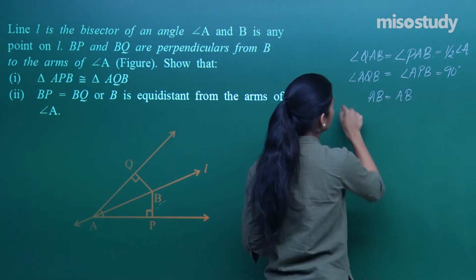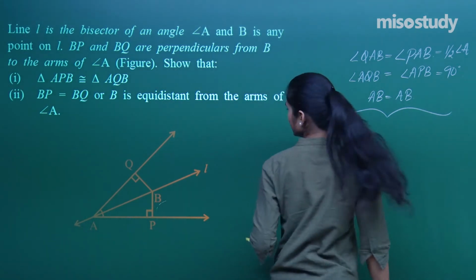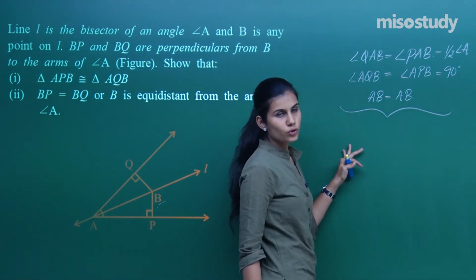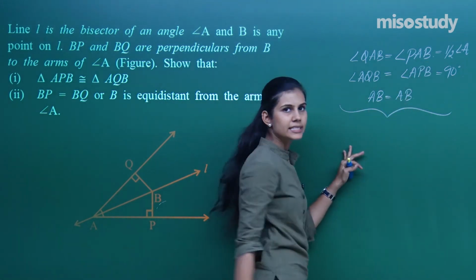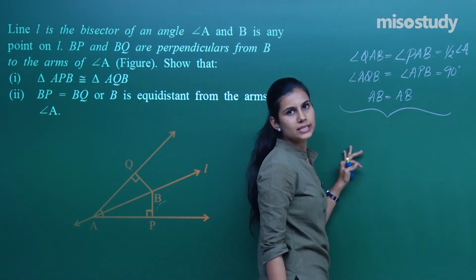So what can I say from these equalities? I can say that by AAS congruence rule, two angles same, one side same, I am having that the two triangles are congruent.